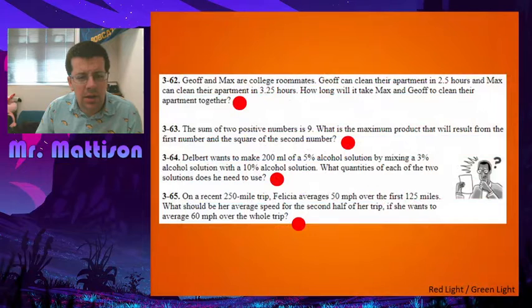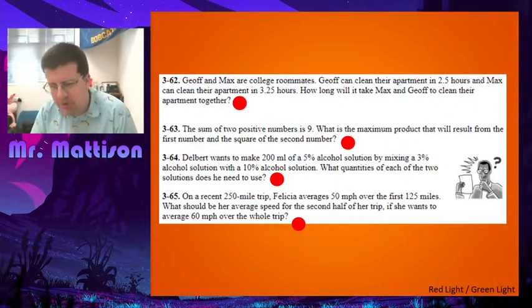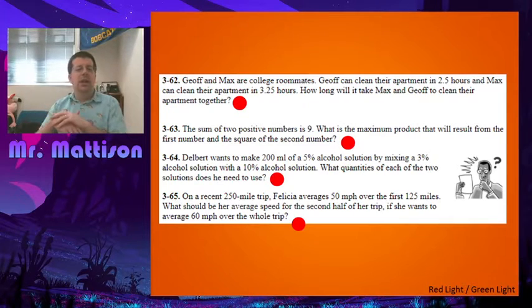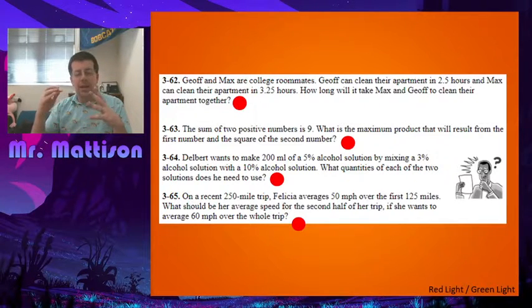All right. Last one we're going to be looking at here, number 65. So this is trying to average on a road trip. We have a 250 mile road trip. We average 50 miles per hour over the first 125 miles, and then if we want to average 60 over the entire trip, how fast do we need to be going on that second half in order to get that amount there?